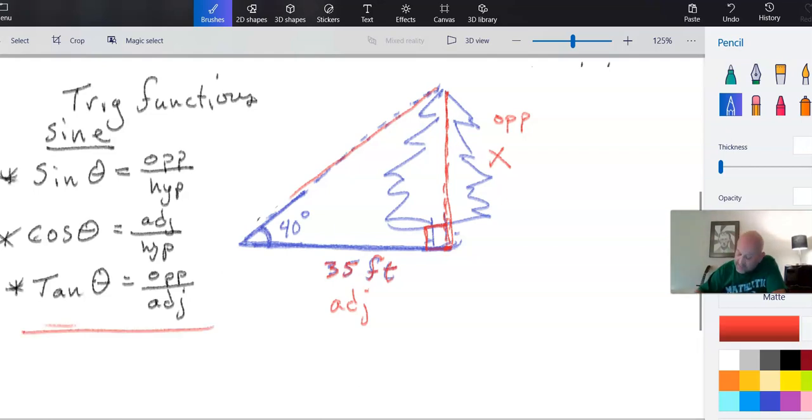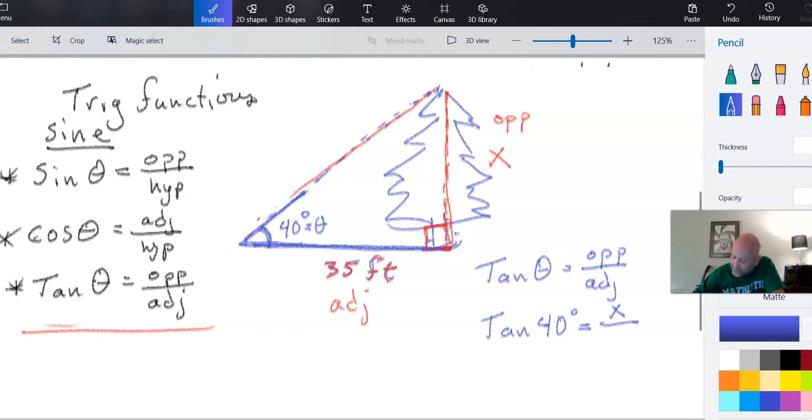So what that means is tangent of theta is equal to the opposite over the adjacent. Well, 40 is my theta. So tangent 40 degrees is equal to the opposite side, we're calling that x, over 35 feet.